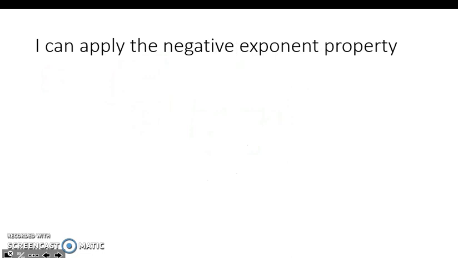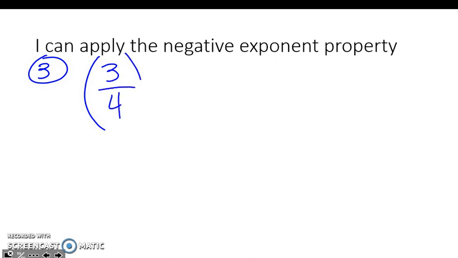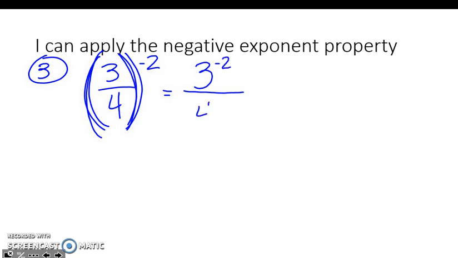So we're flipping it from either the denominator or the numerator if it's a negative exponent. Okay. So this one's a little bit different because this is enclosed. This 3/4 is enclosed in the parentheses. So that's the same thing as saying 3 to the negative second and 4 to the negative second. Okay. So since they both have a negative, they're both going to get flipped.